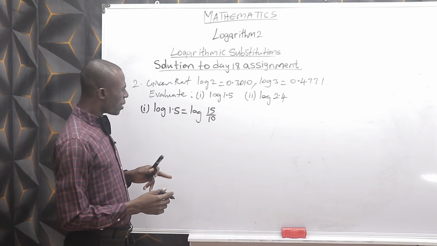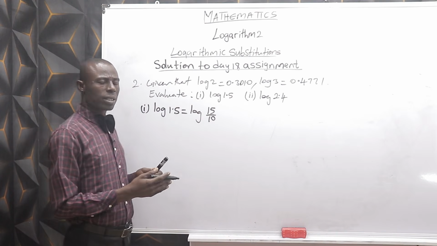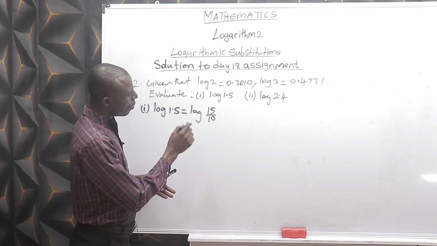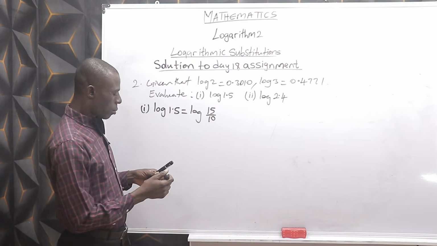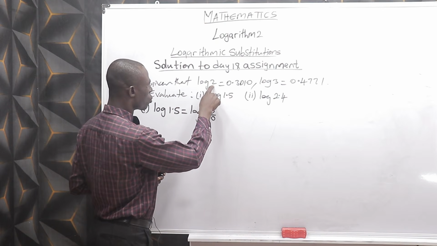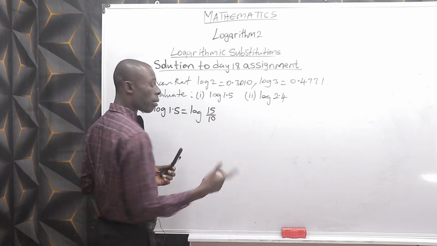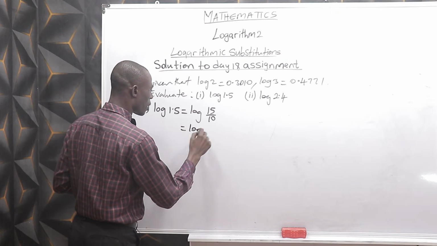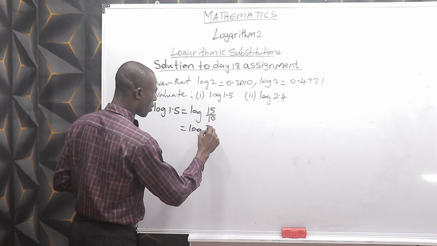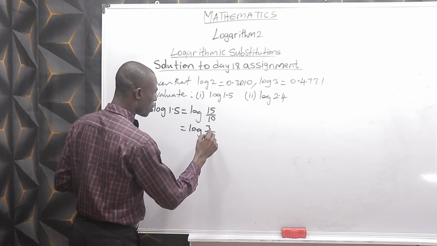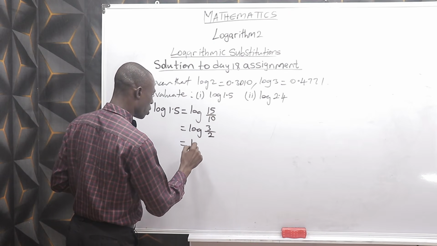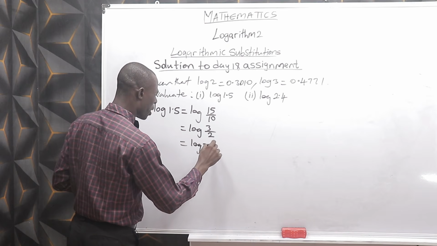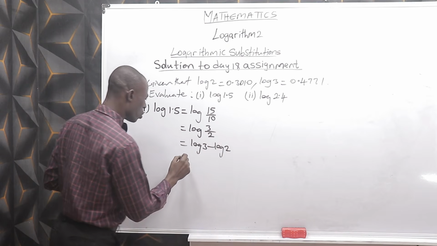If you simplify this, you reduce it to the lowest term. You get 3 over 2. And here we have log 2, we have log 3. That means we are good to go. So it is log 3 minus log 2, since 5 goes in 15, 3 times, and 5 goes in 10, 2 times.